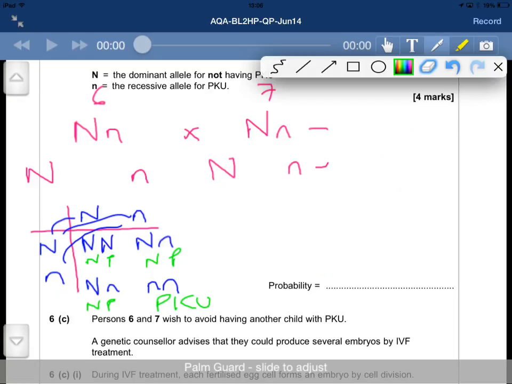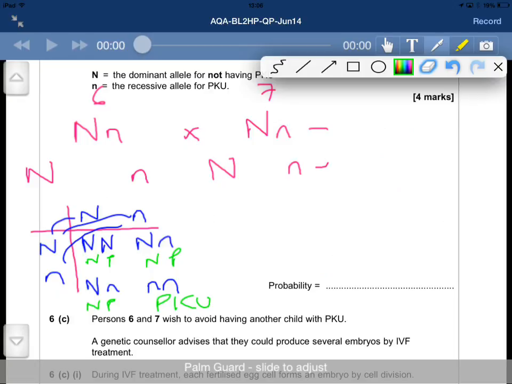Dear me, sorry, bear with me, technology. So we can see here the marks in this question.